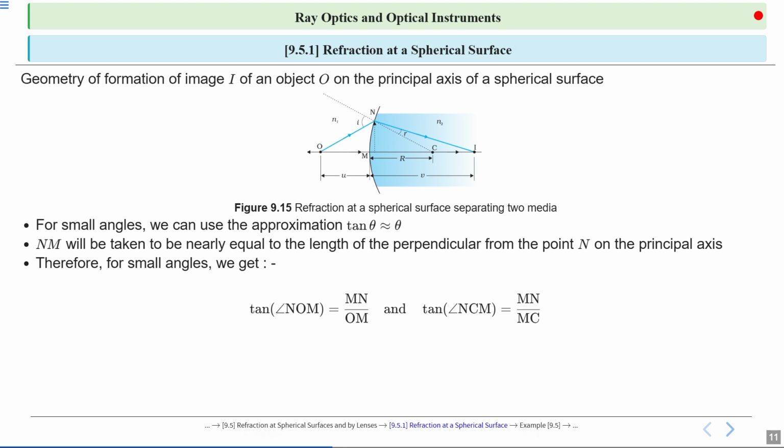NM, or we can say MN, upon the base. The base is MO or OM. So the tangent of this NOM will be MN upon OM, and the tangent of this angle NCM will be perpendicular upon base. What is the perpendicular here? MN upon MC.